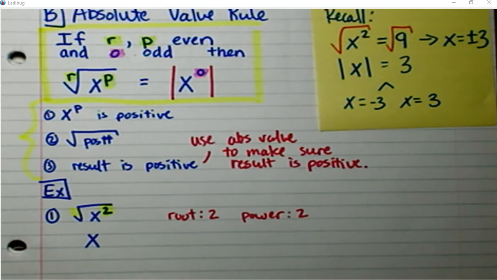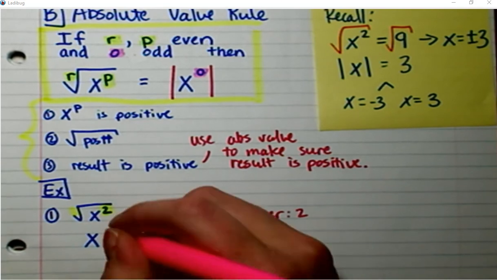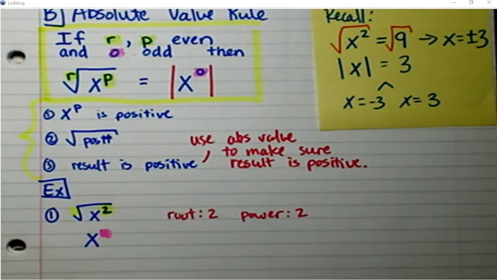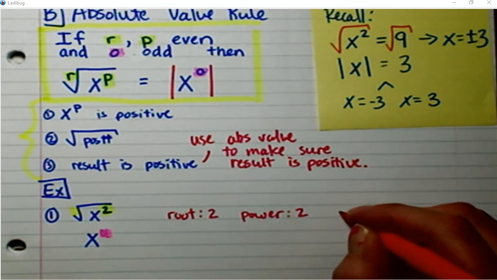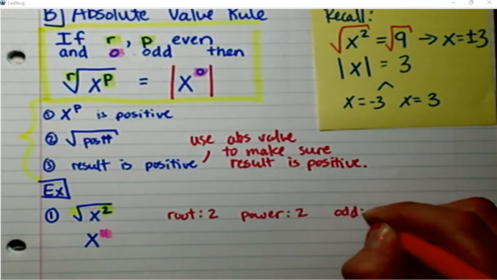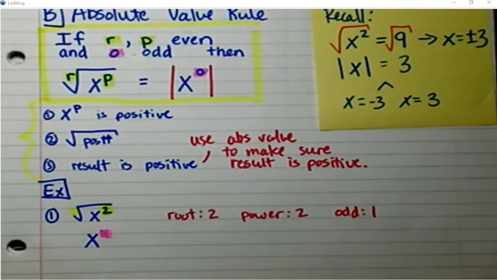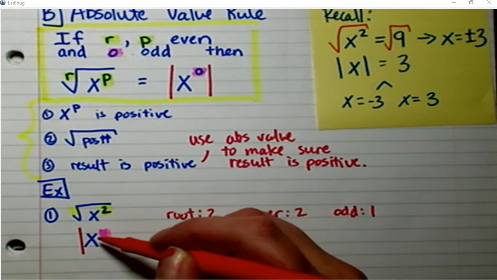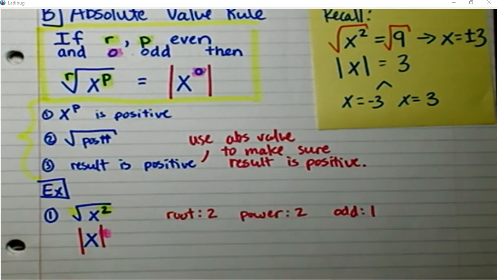And the result is 1. The resulting power is 1. Obviously, I didn't write a 1 because you don't write 1 powers. But the result is odd. All right, that means absolute value.